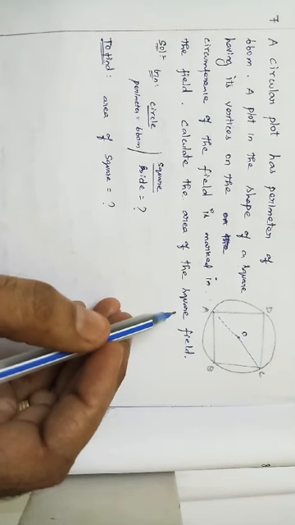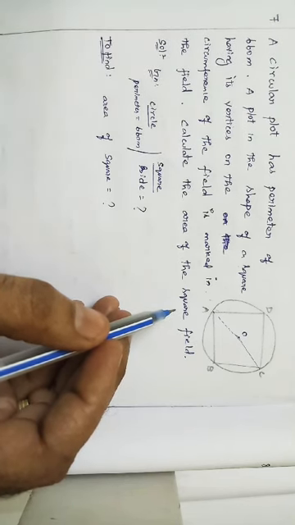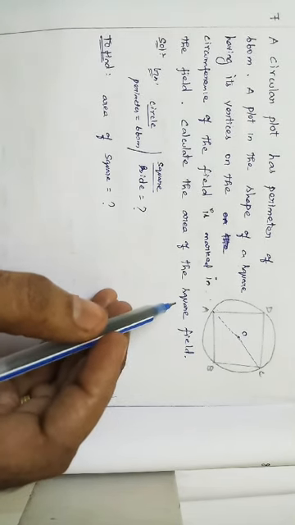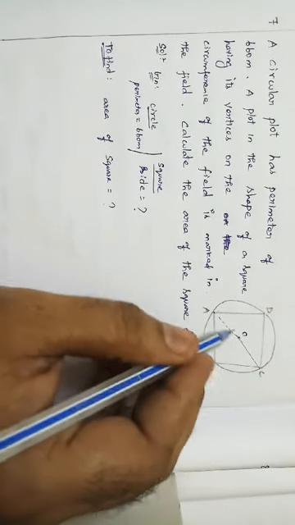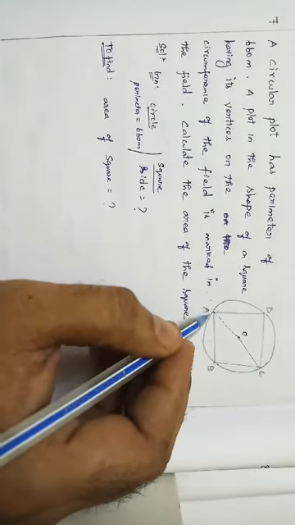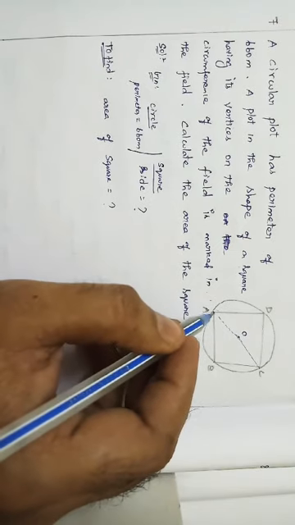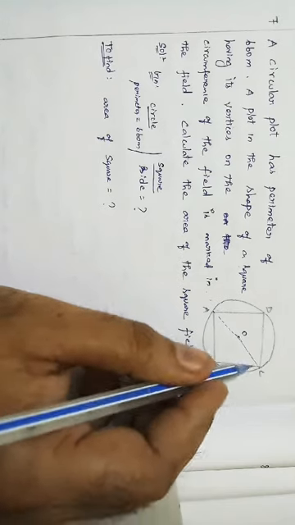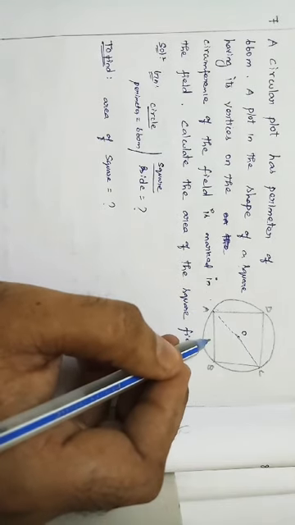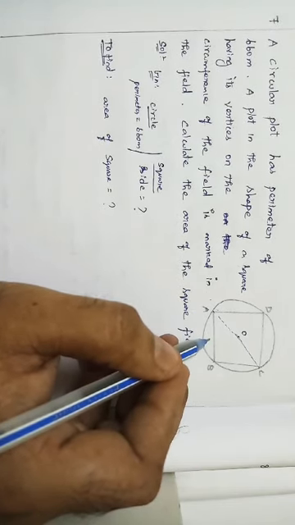If we know the radius of a circle, then we can find the diameter. If we know the diameter, then we can write the diagonal of the square. If we know the value of the diagonal of a square, from that we can find the side of the square.